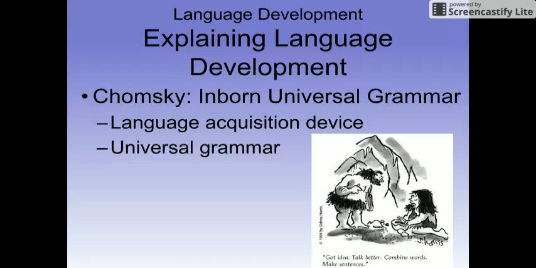So how do we develop language? It's a great question you might ask yourself. There's a couple of different theories. One of those theories is what's called the inborn universal grammar theory. And this was by Noam Chomsky. He believed that we had this language acquisition device which was turned on as we reach certain ages.